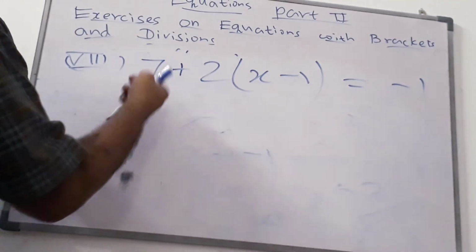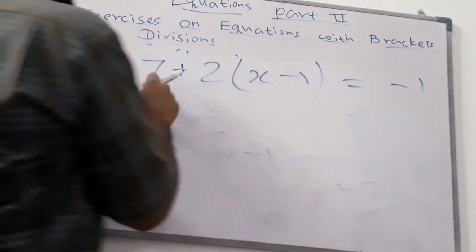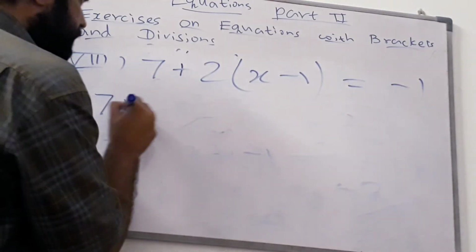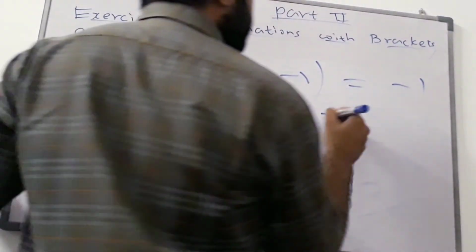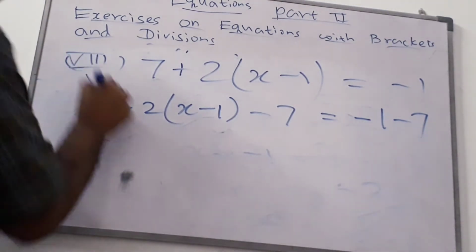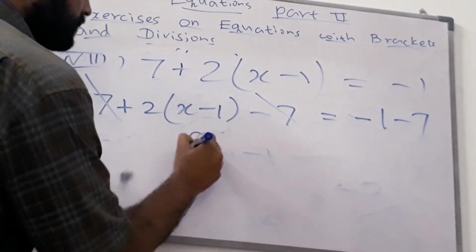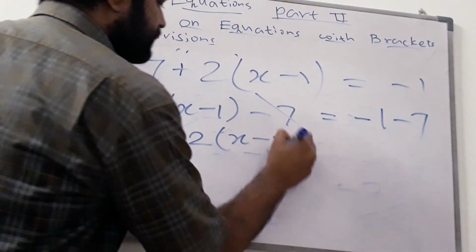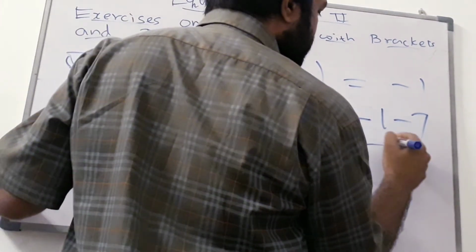But unfortunately outside this expression there is 7. So what I am going to do here is, first I am going to remove 7. 7 plus twice x minus 1 minus 7, minus 1 minus 7. So 7 and 7 get cancelled. Twice x minus 1 equals minus 8.